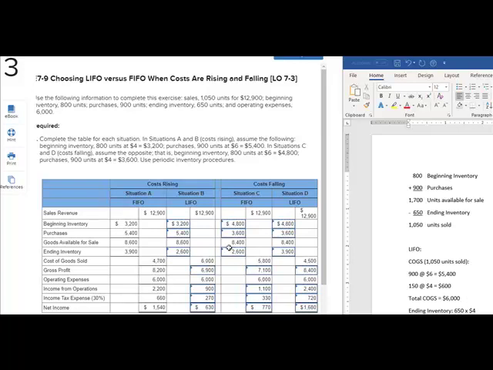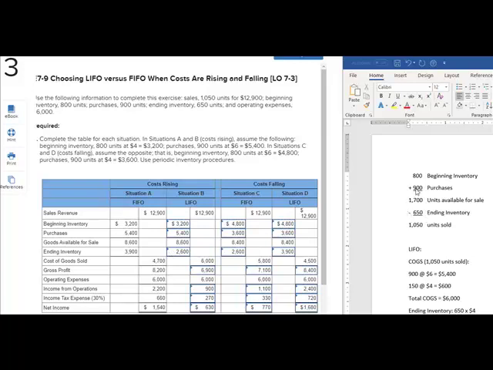So then to get our cost of ending inventory, we can get it in one of 2 ways. We can take this total cost of goods available for sale, subtract the cost of goods sold to get this number, or we can think that we had 650 units in ending inventory.